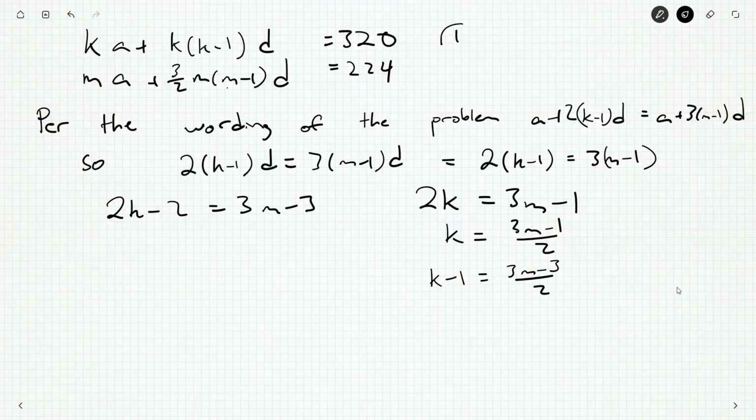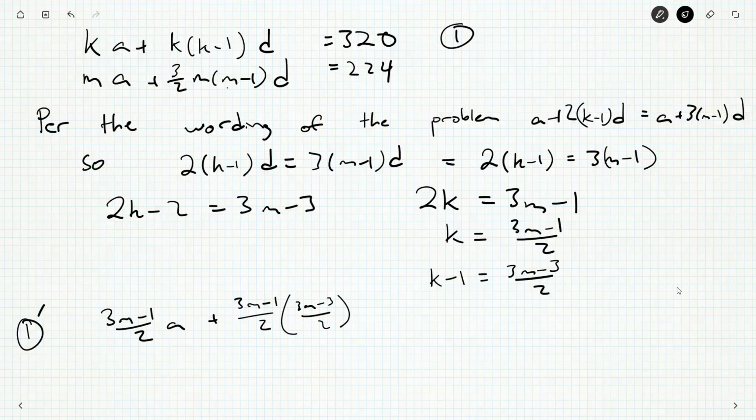So we'll sub that into equation number 1 and get equation number 1 prime. 3m minus 1 over 2 a plus 3m minus 1 over 2 times 3m minus 3 over 2 d is 320. I'm going to multiply everything by 4 to get rid of the common denominators.